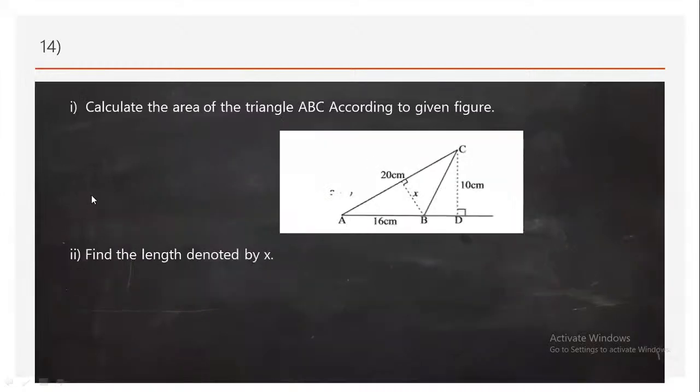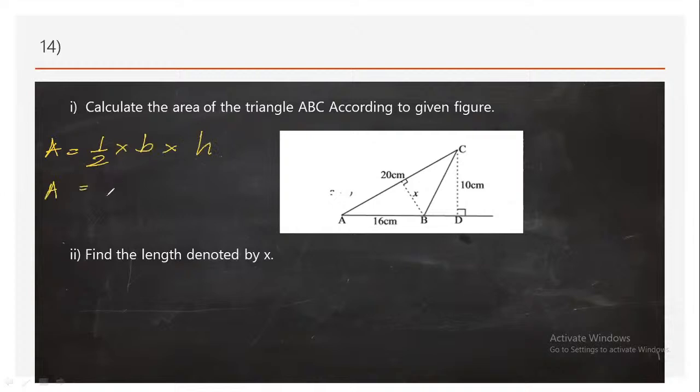Calculate the area of the triangle ABC according to the given figure. Right, ABC area we have to find. So you know that in a triangle you can get the area by using half into base into perpendicular height.